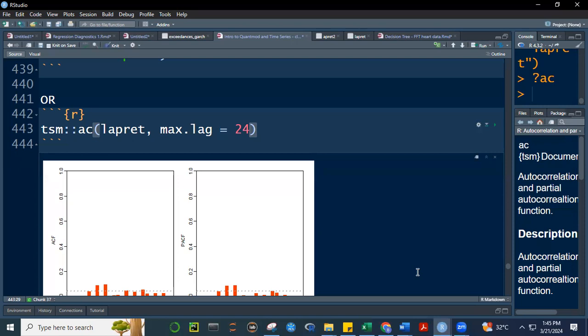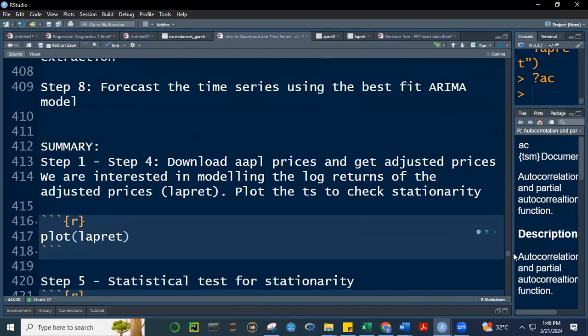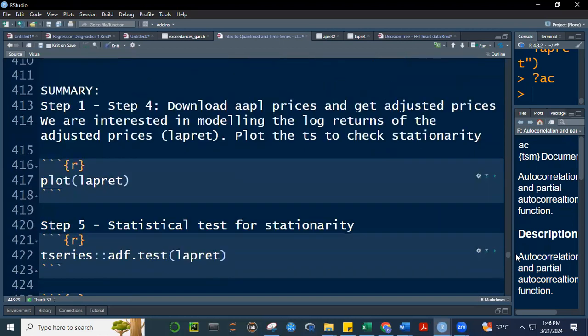Kasi we would like to predict, for example, yung returns for the next, let's say, 22 days, for the next 1 month, kasi daily yung data natin, etc. Or the next week. Okay, kasi one of the capabilities of this is that we can predict. Pwede natin ma-forecast, which is your number 8. Step number 8 natin yan.